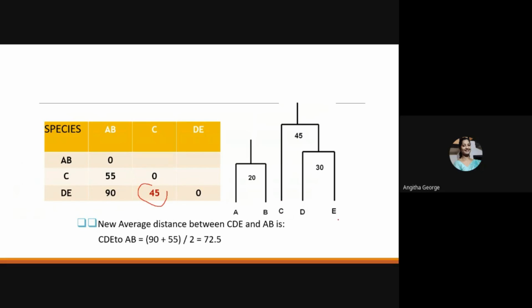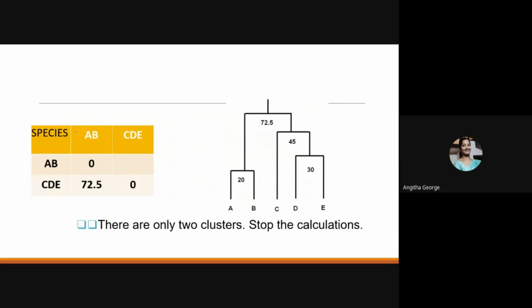Since I group C to DE, the distance between C to DE is 45. I marked it. Again, I have to reconstruct the matrix. So while reconstructing, the matrix will look like AB and CDE, AB and CDE, its value. AB to AB is 0 and CDE to CDE is 0.